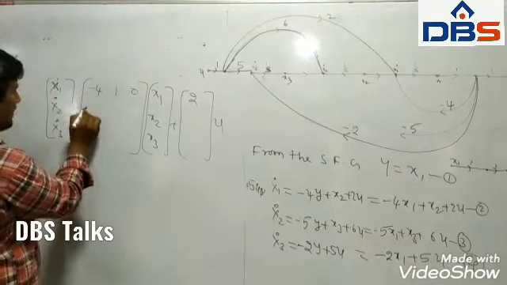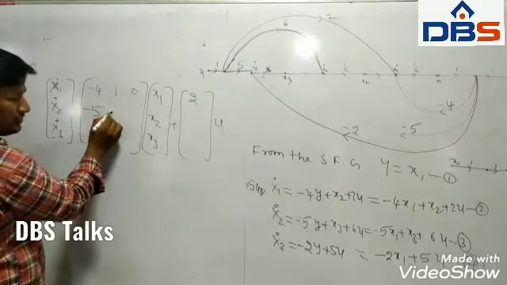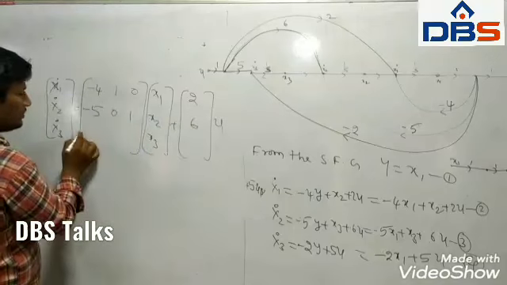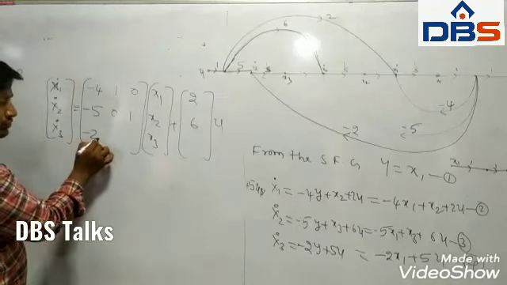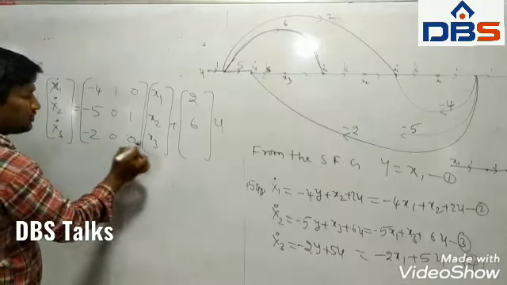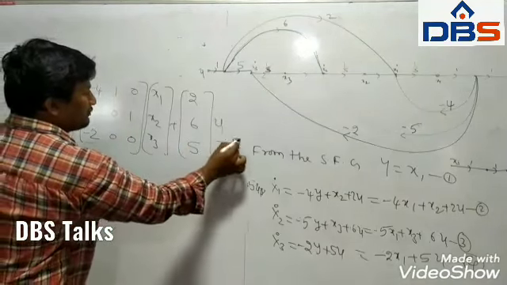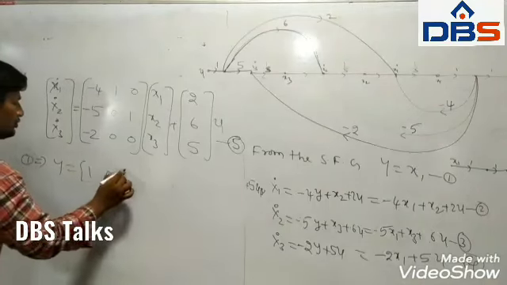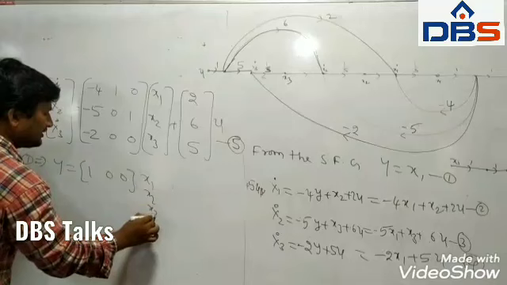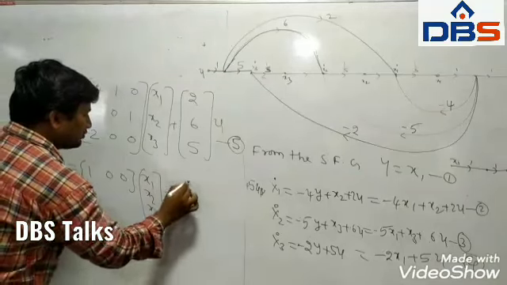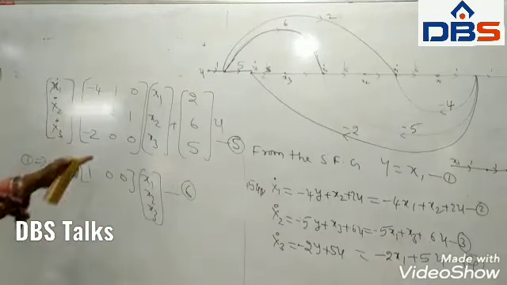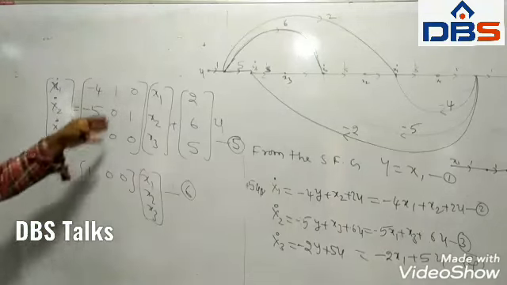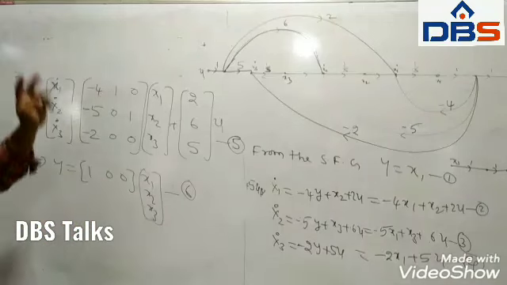From equation 3, minus 5, there is no x2 term, 0, 1, 6u. And equation 4, minus 2, there are no x2, x3 terms, 0, 0, and 5u. This is equation 5. And from equation 1, y is equal to 1, 0, 0 times x1, x2, x3. This is the output equation. So equation 5 is the state equation, equation 6 is the output equation. The state equation and output equation together are called the state model of the given differential equation.